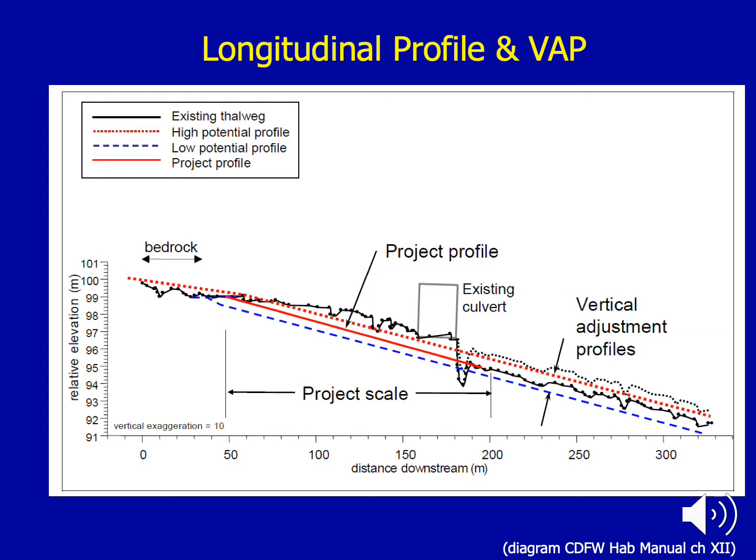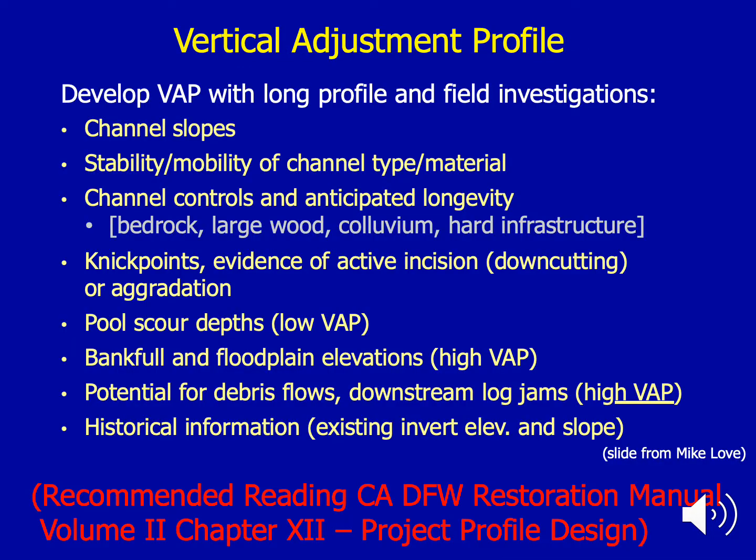You're trying to determine what is your maximum degradation potential relative to your design profile, as well as, particularly in a case where you might be looking at releasing sediment from the crossing, what we call a high adjustment profile, the dotted red line. You're trying to look at what's your risk from aggradation in the system. Here's a few elements that we tend to use for a vertical adjustment profile.